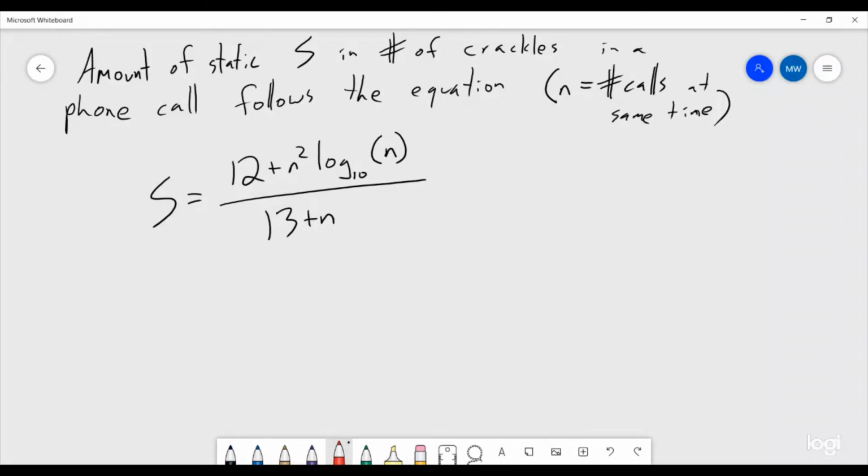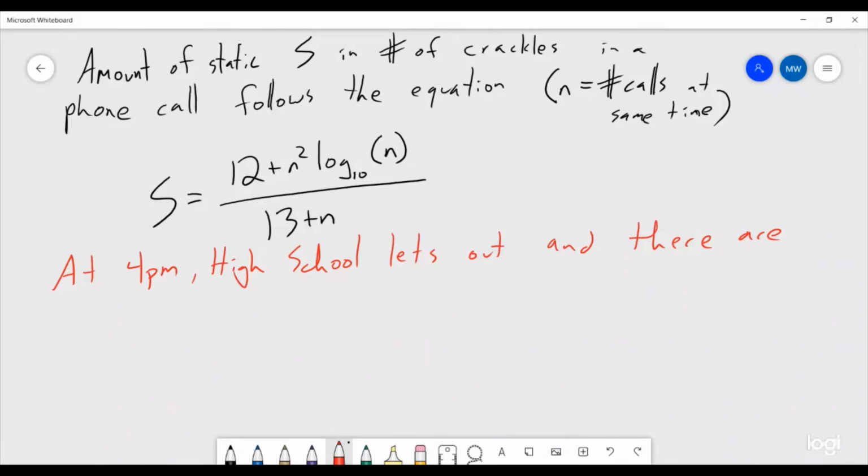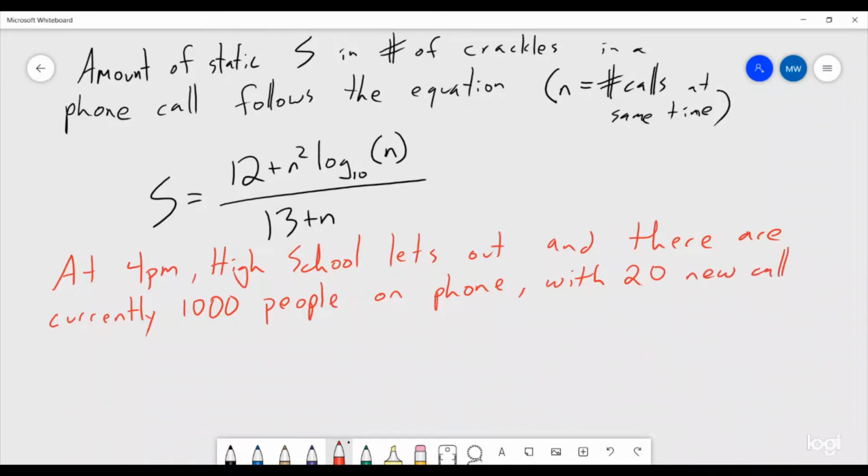Now, this particular problem says that at 4 p.m., high school lets out and there are currently 1,000 people on the phone, with 20 new calls each minute.